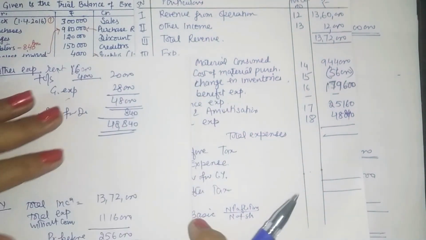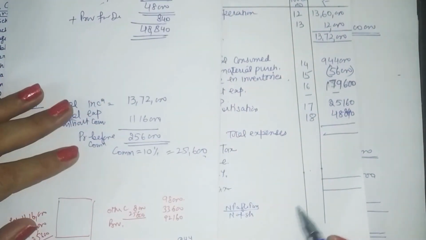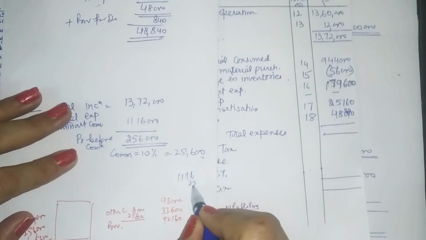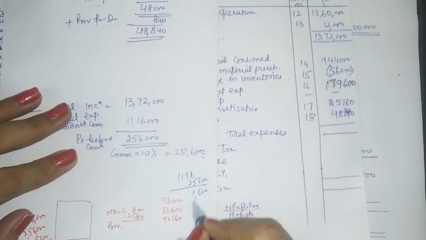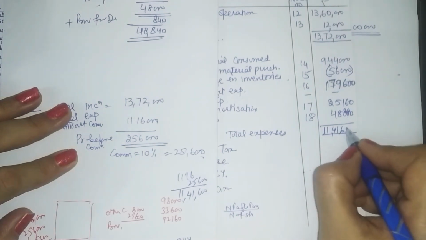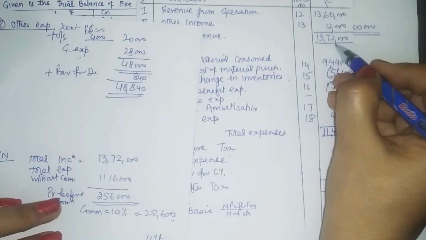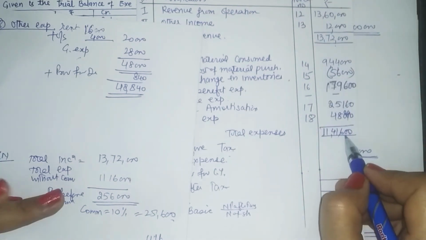So your total expenses after this are 11,41,600, which means your profit before tax will be income minus expenses.